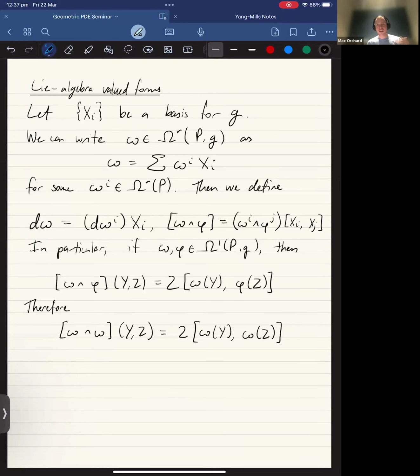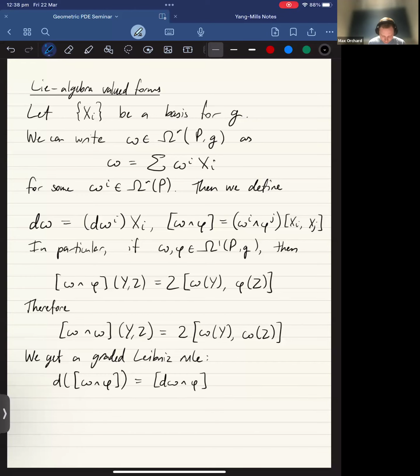But using these constructions, we get some very familiar properties for Lie algebra valued forms. For example, we get a graded Leibniz rule on the exterior derivative, in the sense that if we look at this, this is simply given by this here.